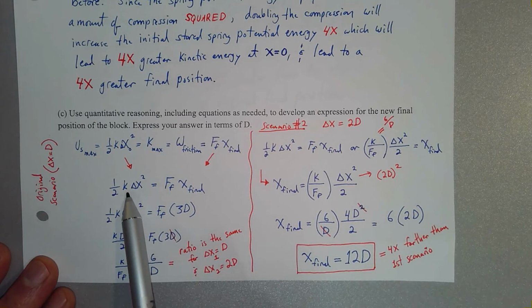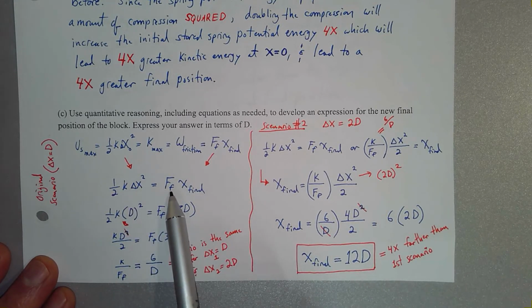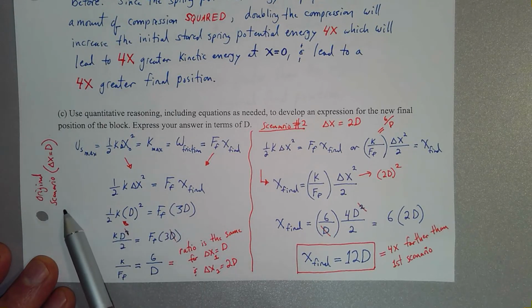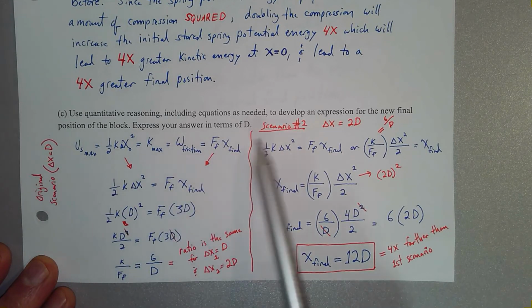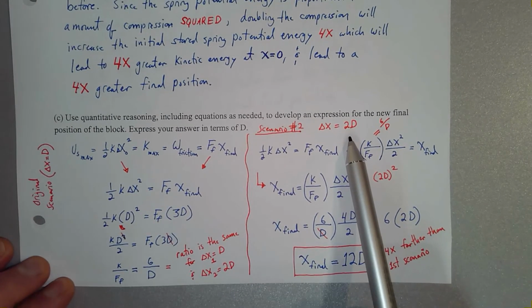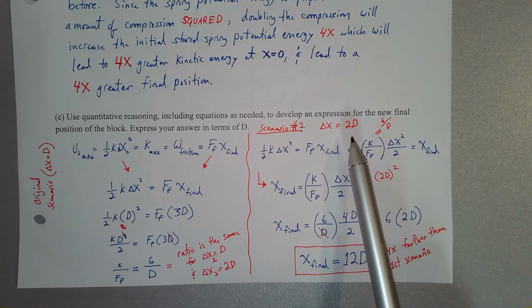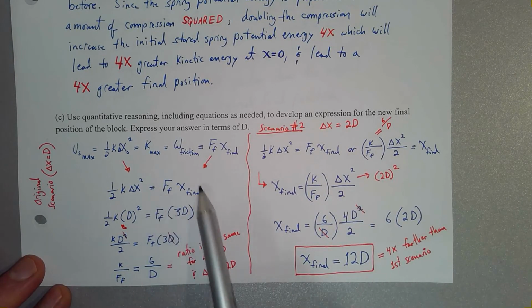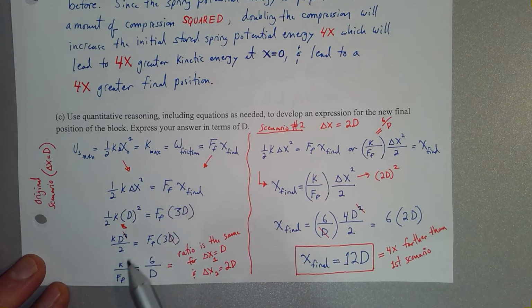Now, they don't give us the spring constant, and they don't give us the size of the frictional force, but in the original scenario where the compression is just D, and the second scenario where the compression is 2D, the spring constant and the force of friction are the same, right? And so I'm using this expression right here to come up with an expression for the ratio of the spring constant to the force of friction, because whatever that is in this first scenario will be the same in this scenario.